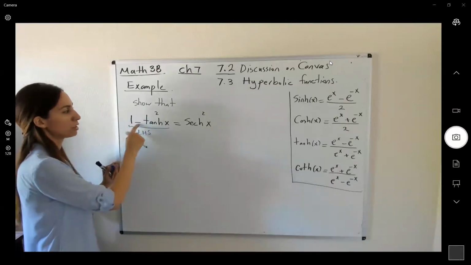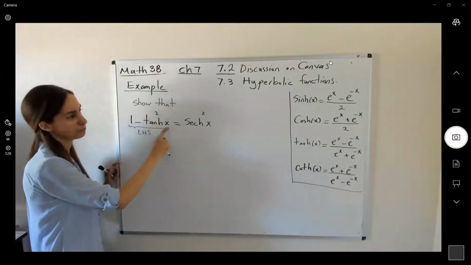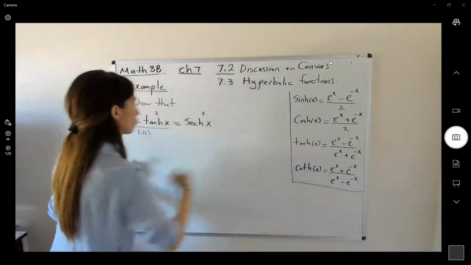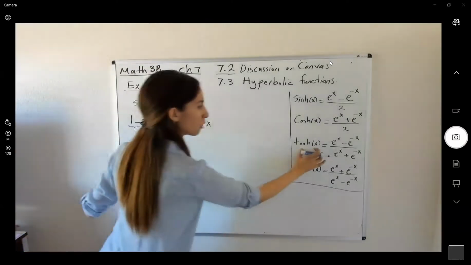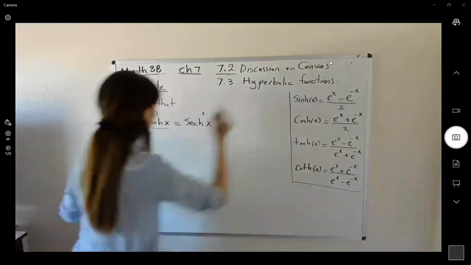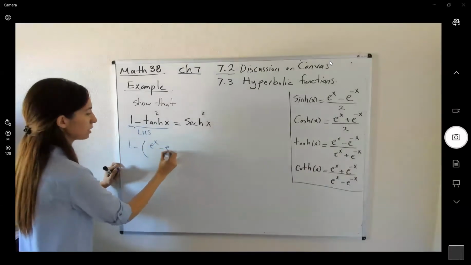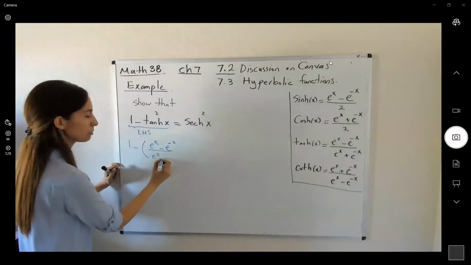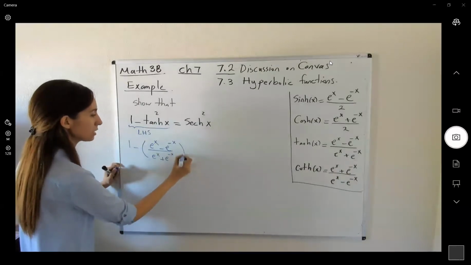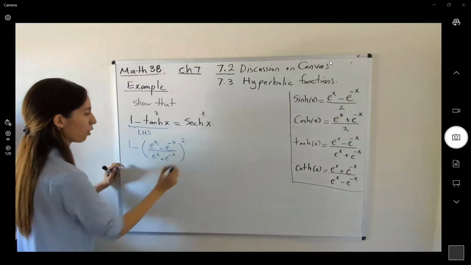Left-hand side is 1 minus hyperbolic tangent squared of x. We have a nice formula for that. 1 minus our hyperbolic tangent is defined this way. We have e to the x minus e to minus x divided by e to the x plus e to minus x, and we want to raise this to the second power.